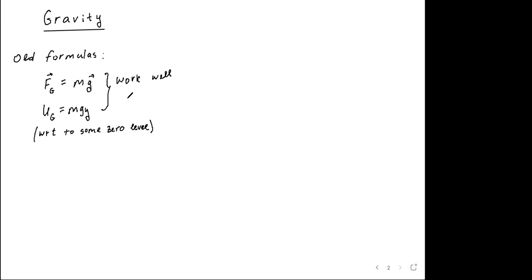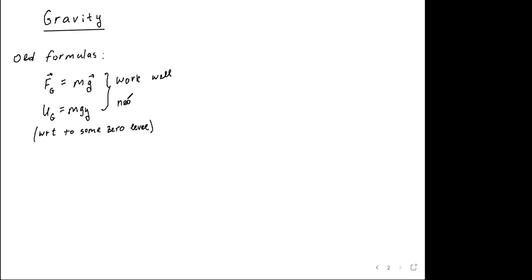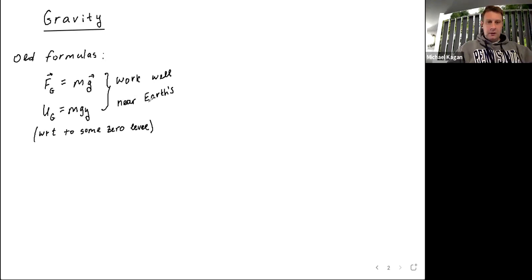Isn't it when y isn't too big and m isn't too big? I thought it was the opposite. So the formulas work well when y isn't too big. So basically, in other words, near the Earth's surface. Oh, my bad. I was thinking of the other FG. My bad. Okay.